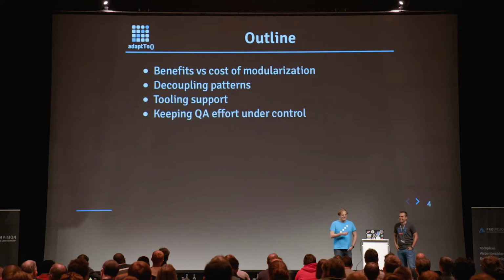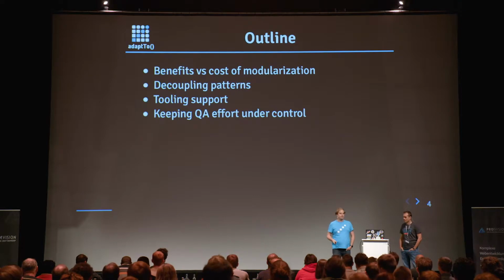Right. So in the next 20 to 25 minutes, we want to cover a bit of the benefits and costs of modularization and how at least we experienced that. The various patterns, Robert will go into the part of decoupling patterns and more of the technical side of things on how our specific stack can utilize those patterns.